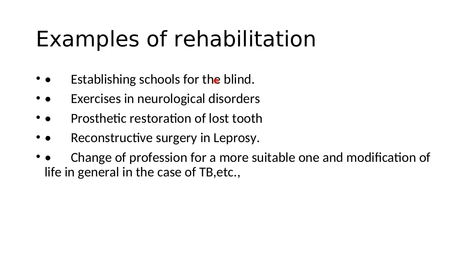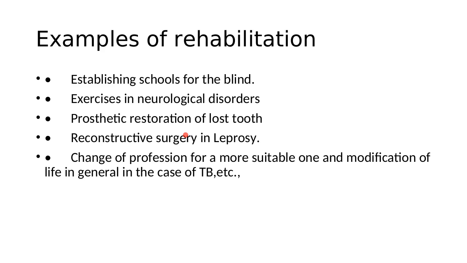Examples of rehabilitation: we have the establishment of schools for the blind. When we establish a school for the blind, we are helping the blind vocationally, because we are training them how to live a life in which they can earn a living by using their disability factor.